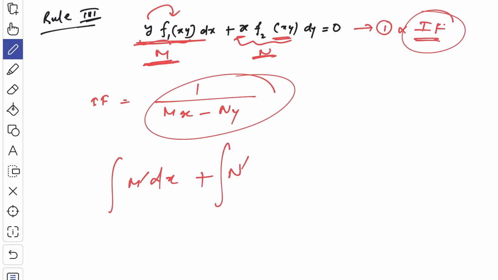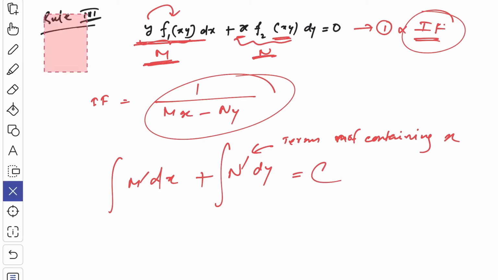We are going to integrate this N dash with respect to y, and here we are going to take only those terms not containing x, and here we will get a constant.